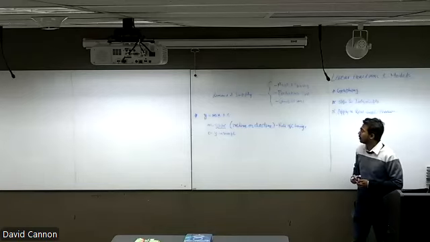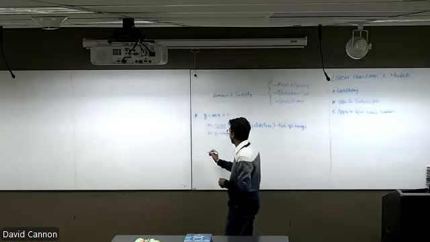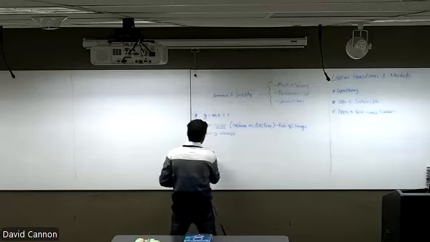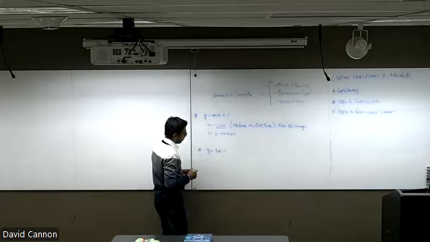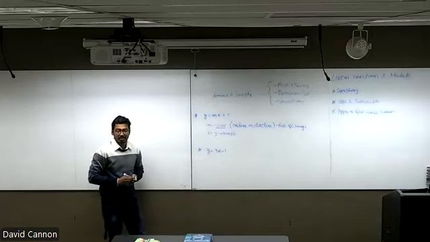So let's try to graph a function. Let's do y equals 3x minus 1. Can you guys try to graph this, roughly?